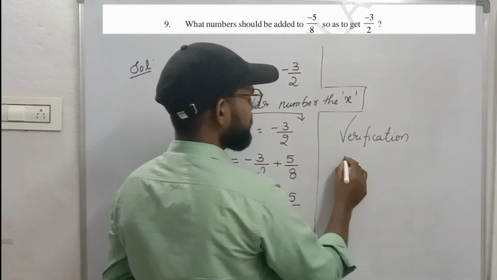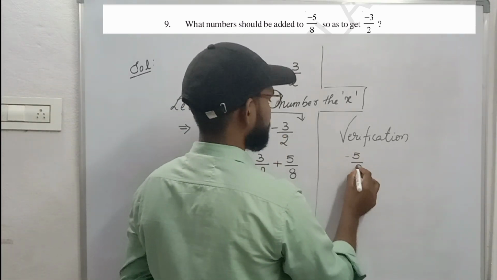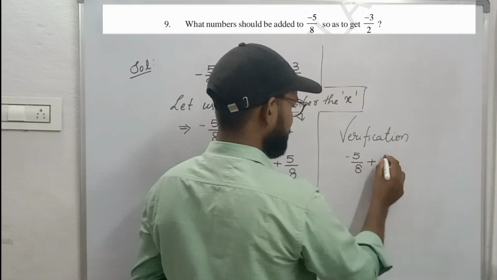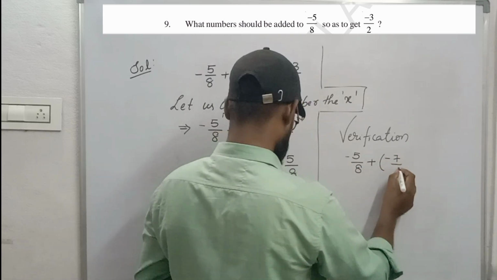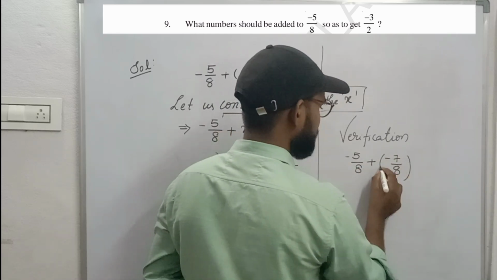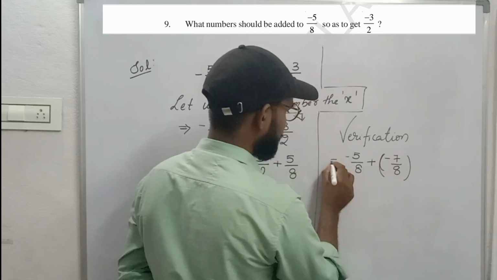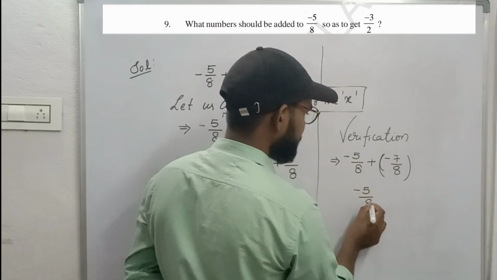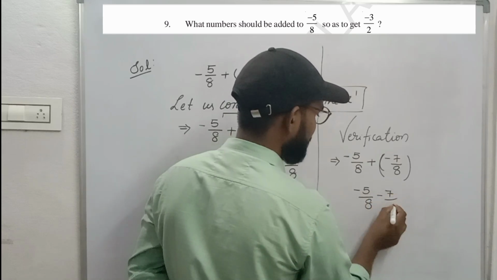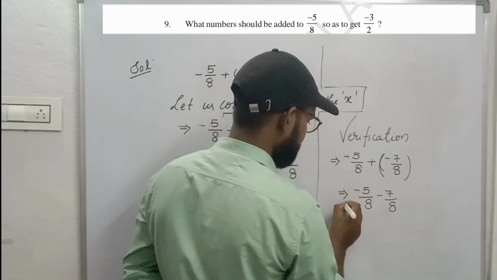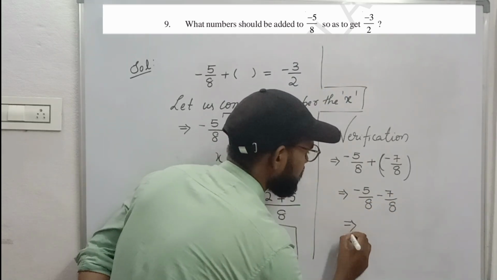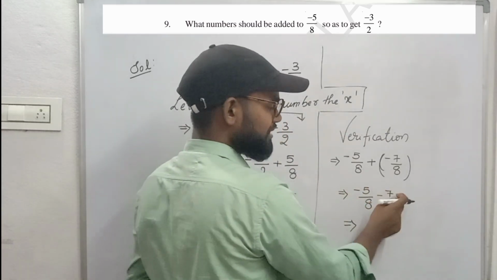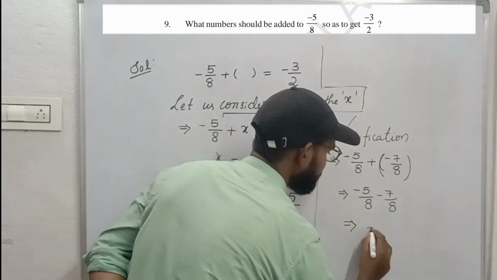So minus 5 by 8 plus minus 7 by 8. We will add these two and check what we get. Now minus 5 by 8 minus 7 by 8. Minus 5 minus 7, how much? Minus 12.